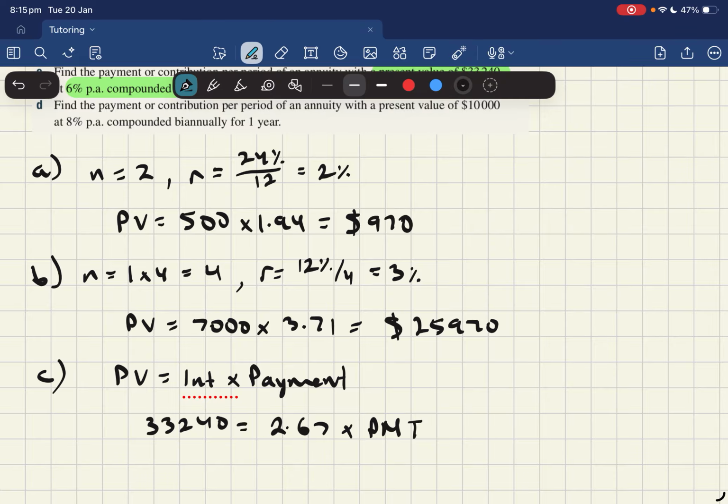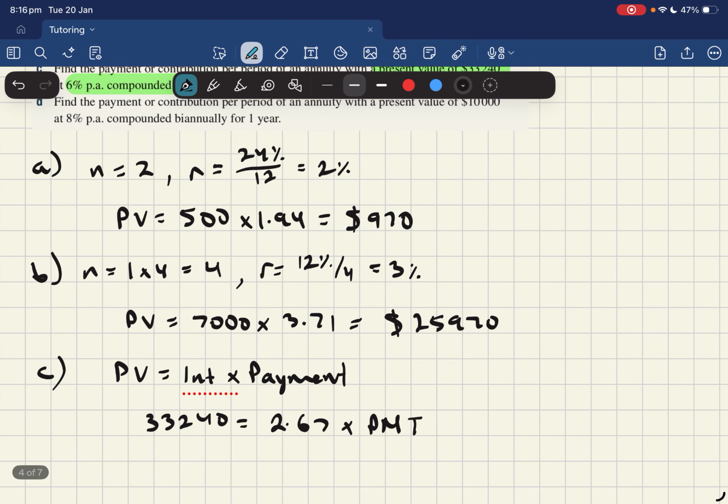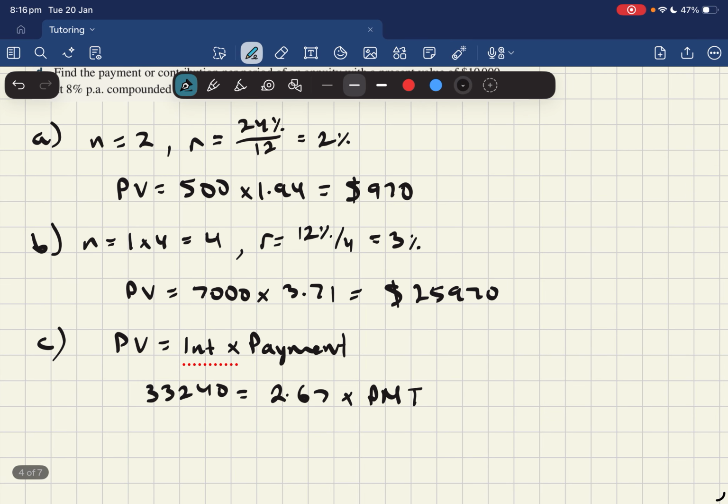I'm just going to write PMT for short. And now we just solve the equation. So we're dividing both sides by 2.67. So the payment equals 33,240 divided by 2.67. And that gives us a payment of $12,449.